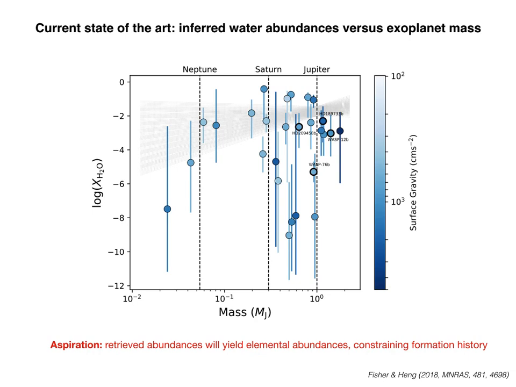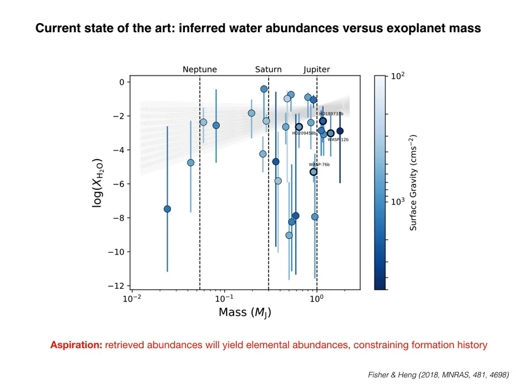And she shaded the data points darker or lighter according to the gravity of the planet. And you can see that it looks largely like a scatter plot. There's not a convincing indication of a correlation between the water abundance and the mass, or at least if there's any correlation, it is tentative.